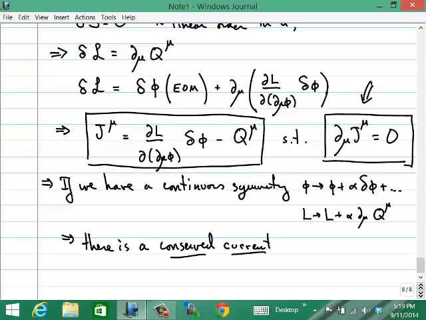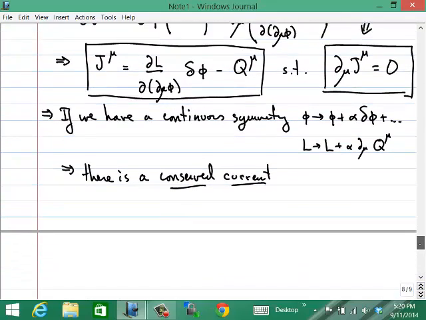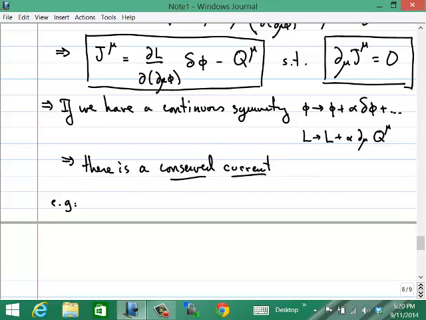So why are these quantities useful? Well, they lead to constants of motion. So, for example, let's consider the following quantity E, which is the integral d3x of j0 for some conserved current.